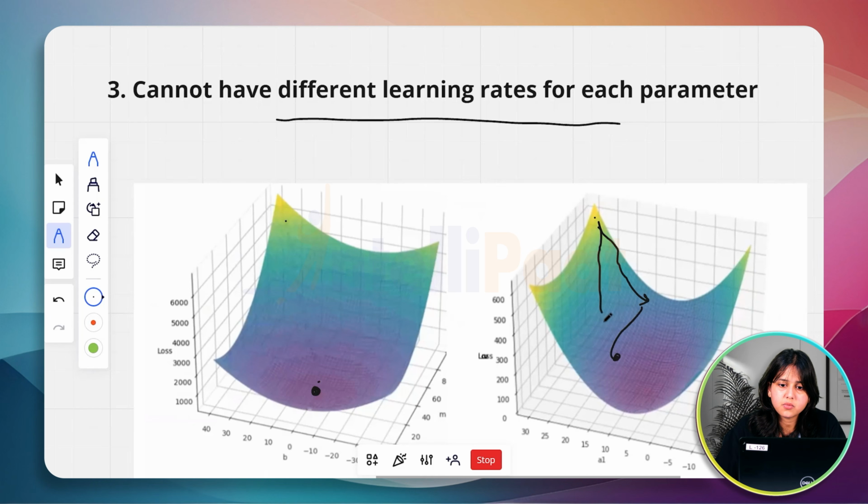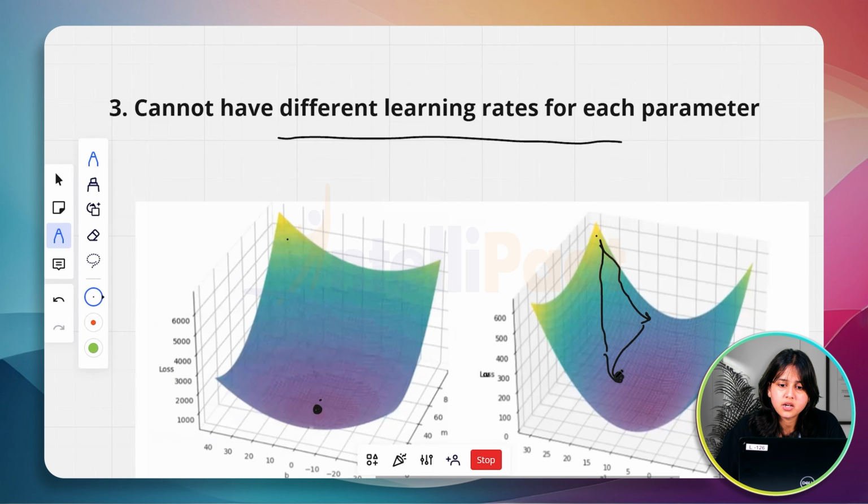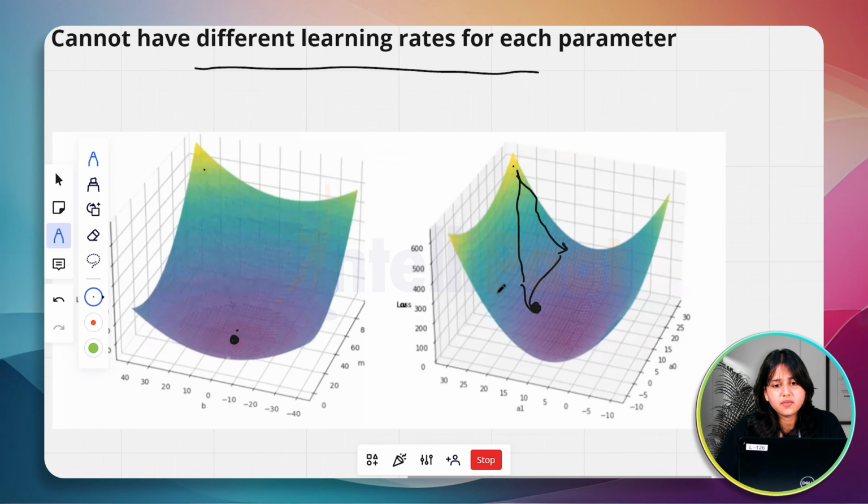But in order to do so, we cannot have the same learning rates for each parameter. We can say this is W1 and this over here is W2. If we move in W2 and W1 at the same pace, we might not reach the global minimum, right?